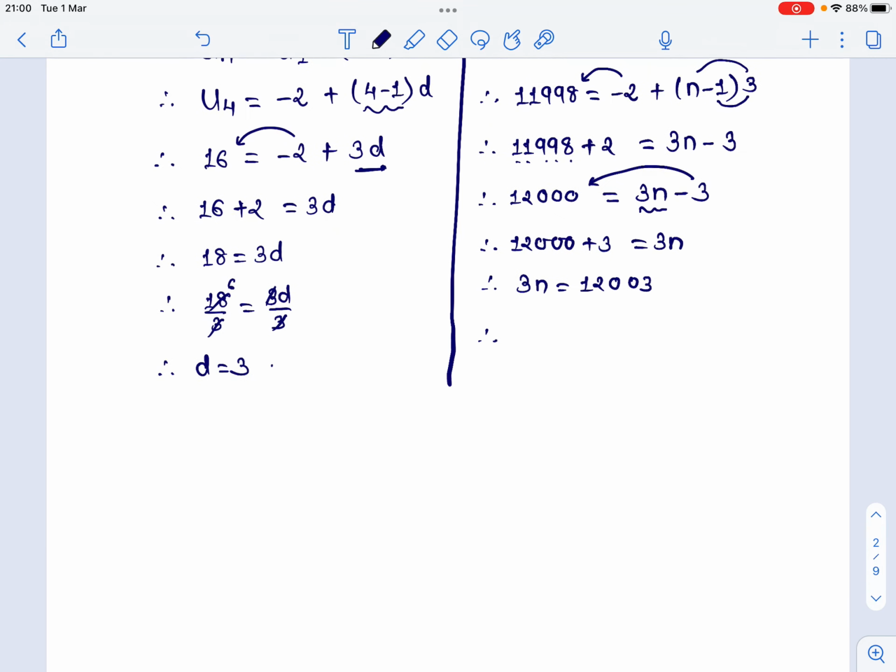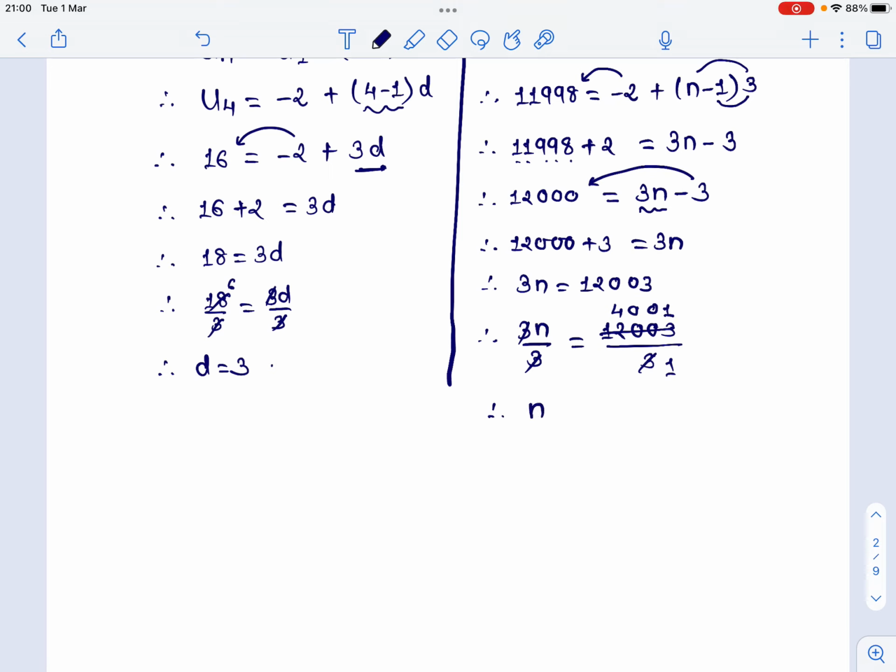Now divide both sides by 3 to get the n value. 12003 divided by 3, the 3 and 3 get cancelled. 3 ones are 3, 3 fours are 12, 0, 0, 1.